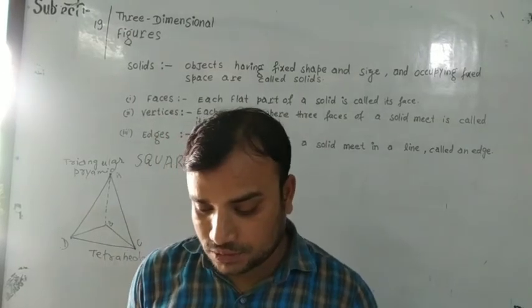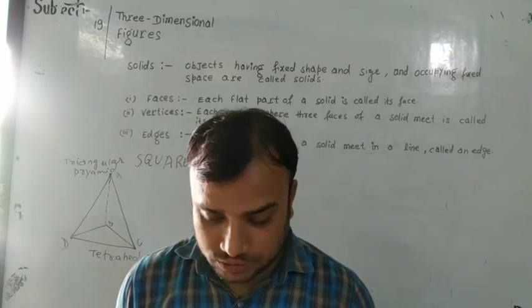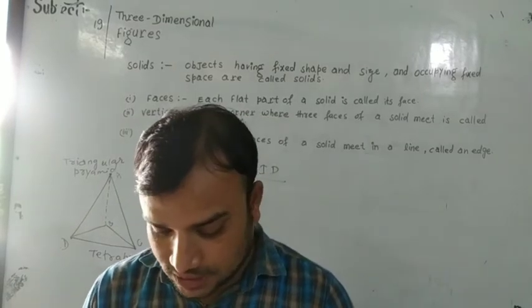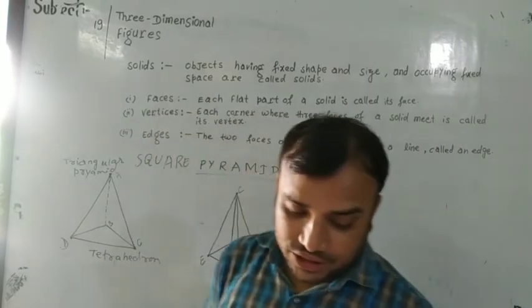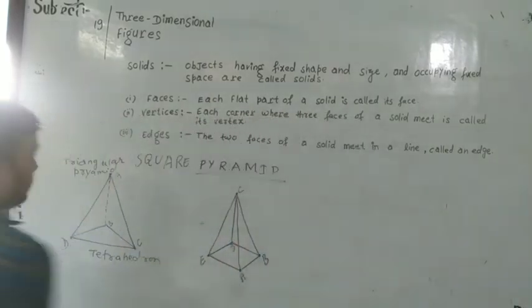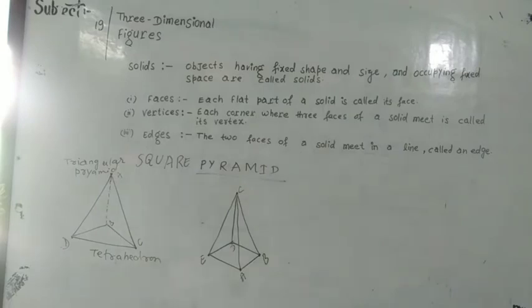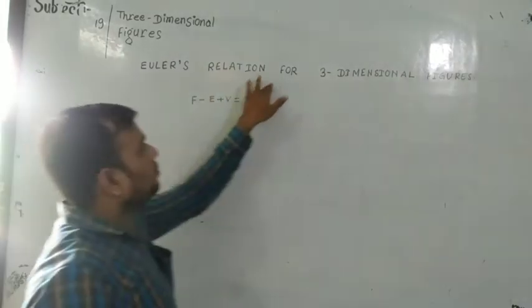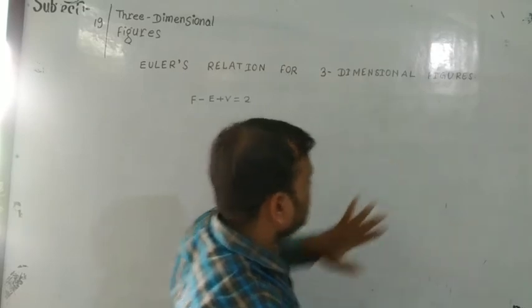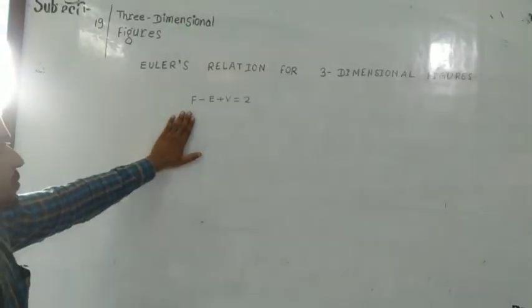Now we discuss the next exercise, 19B. Euler relation for three-dimensional figures.